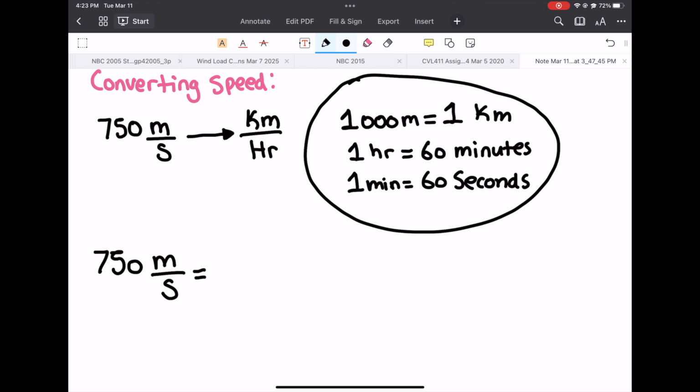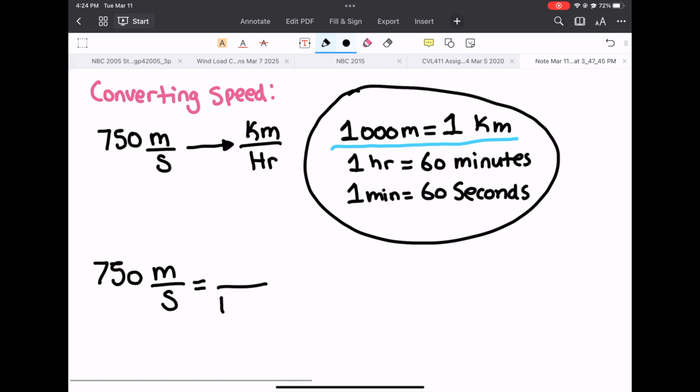So, for example, let's look at the meters first. If meters is on the top, as in the numerator, in order to cancel it out, we need to have something in the same units in the denominator. So the same units is 1,000 meters equals 1 kilometer.